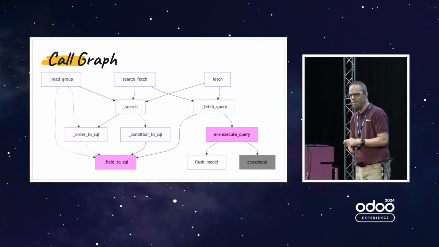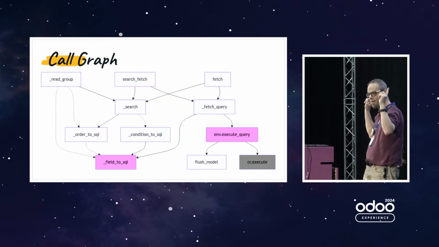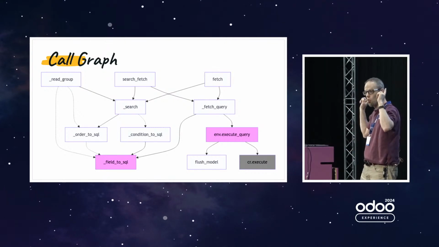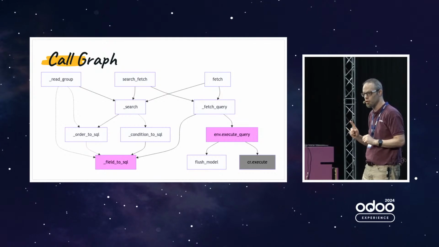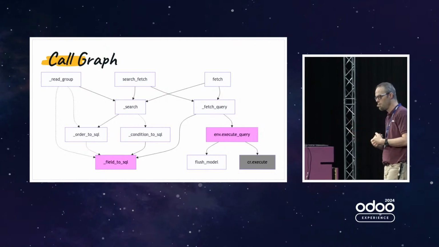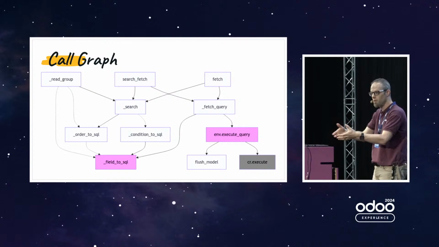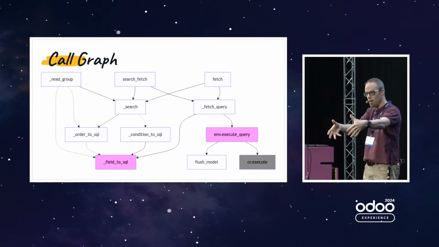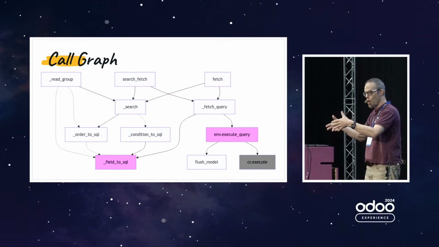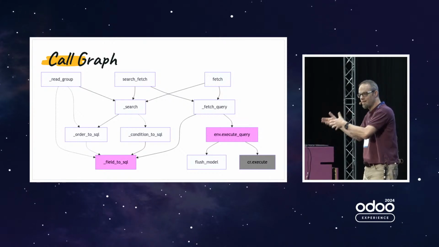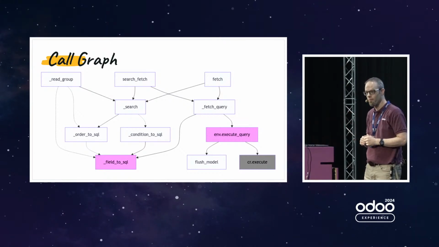And the trick is we can actually use that to figure out what must be flushed. Because every time we compile somehow a field and get some SQL out of it, we know that that field has to be flushed.